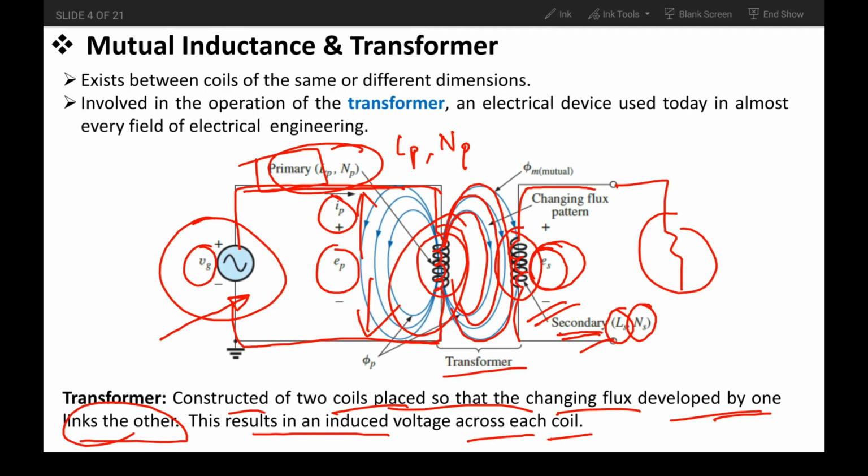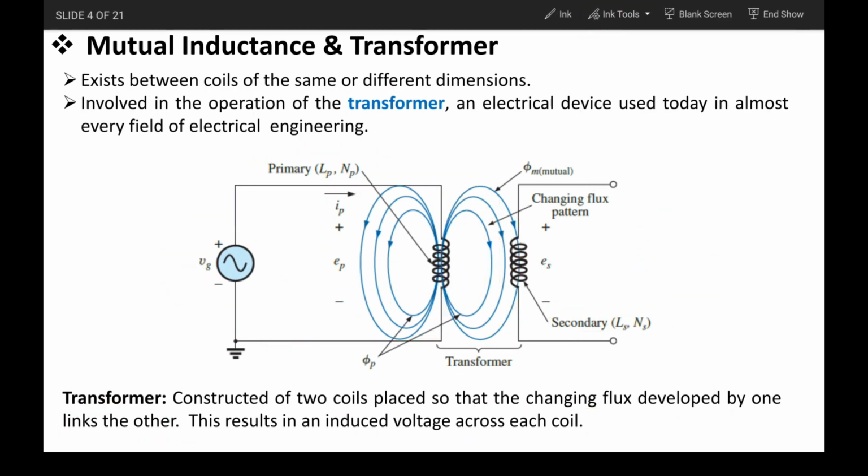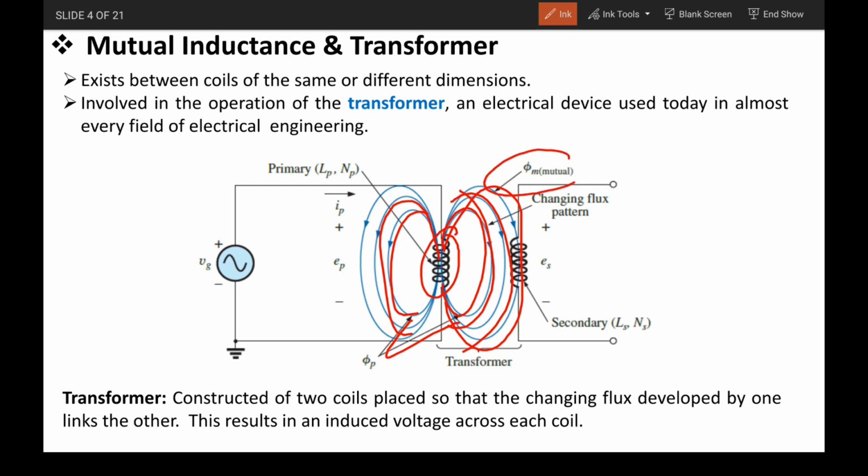Let me clear all the drawing. Phi p refers to the flux for this primary section. The flux is associated here and here in all directions, and some portion is cut by the secondary. We call it the mutual flux, the flux shared from the primary coil.